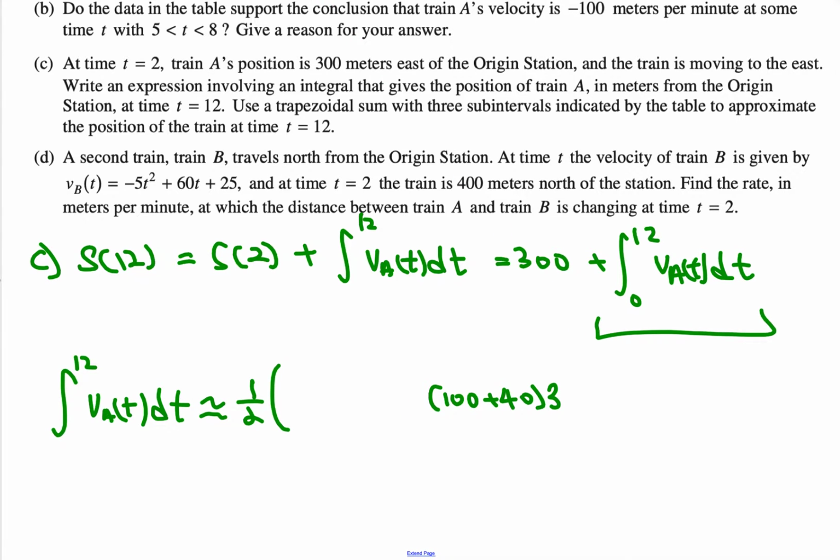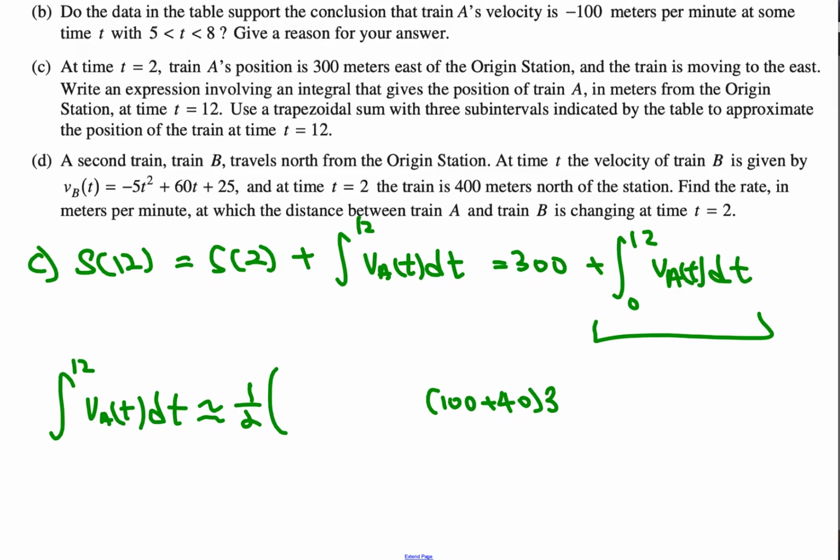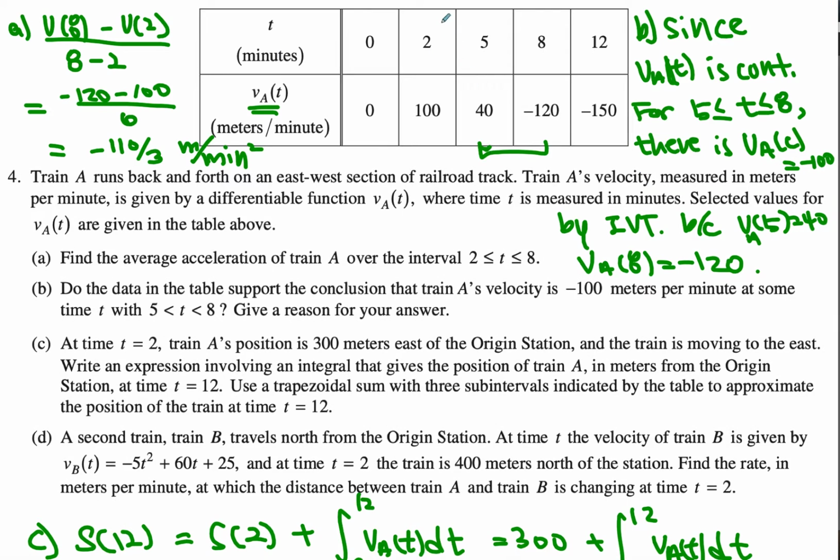So I'm going to move this one to the front, and the initial values are 2, and this one is 2 as well, not 0. So the first trapezoid is this, the second is this one, the third one is this.